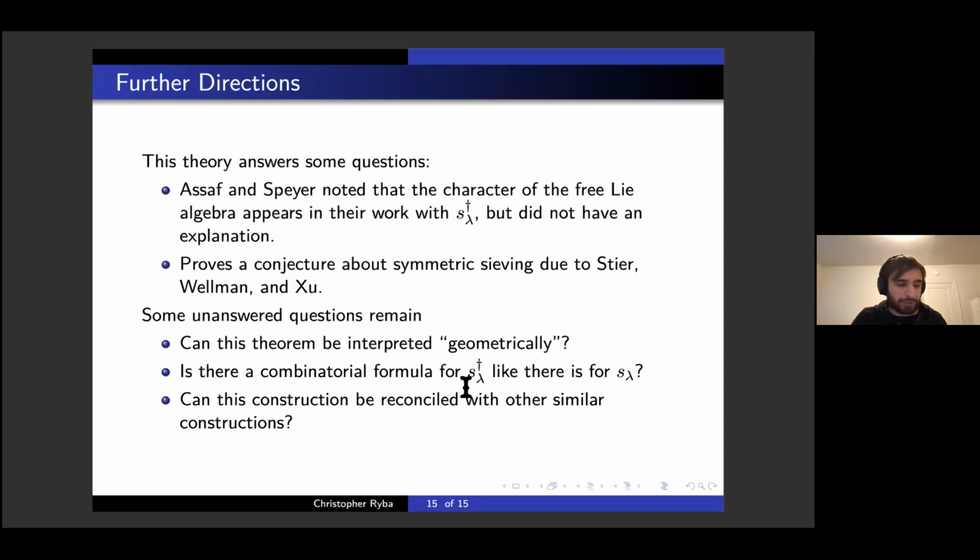And perhaps the last thing that I'll mention is that there are several constructions which are similar to this one, but they all focus not on the symmetric group, but on classical groups, such as the orthogonal or symplectic group. So they are in particular Lie subgroups of GL_N. And so the similarity is that it is a resolution of irreducible representations by things that are restricted from this general linear group, which is larger.